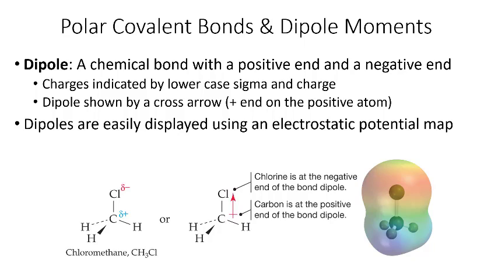Dipoles are easily displayed using our electrostatic map. So we can see here that for this chloromethane molecule, CH3Cl, we can identify the electronegativity of all of our individual atoms. So instead of looking at these pictures on the slide, let's actually draw this up here on the board.